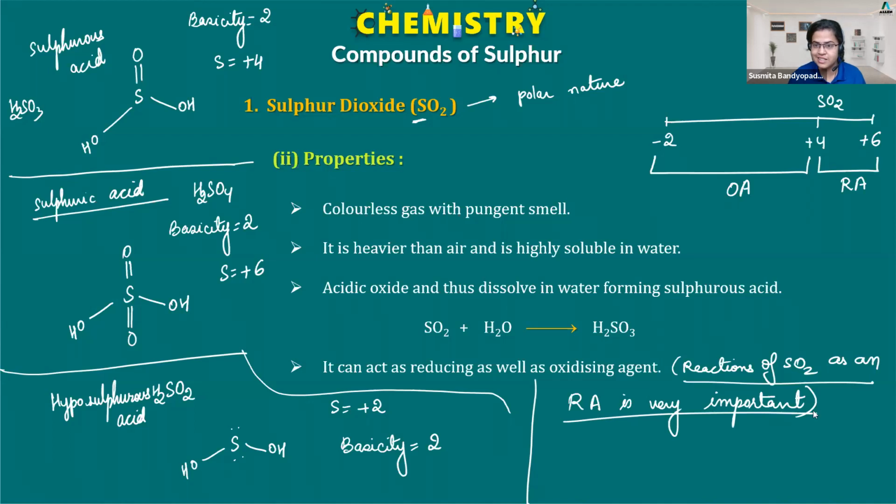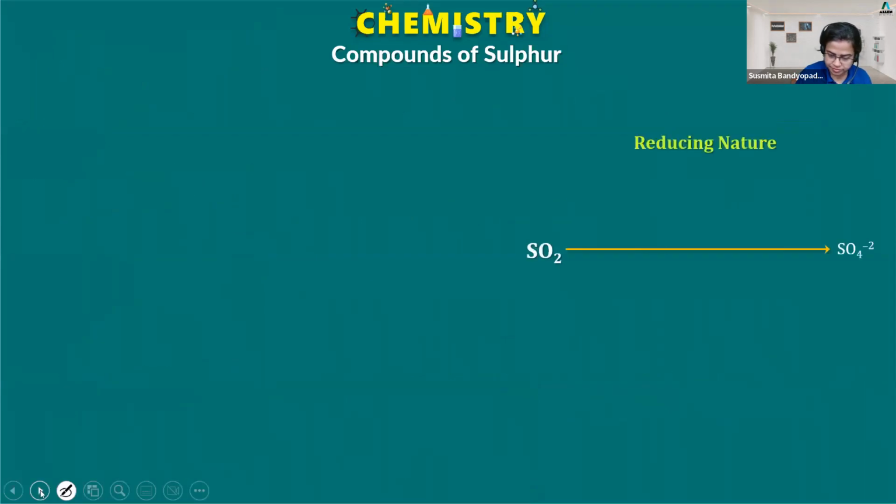Lots of reactions are there, important from the examination viewpoint also. Both are there. Don't misunderstand that she told only reducing nature. I said both, and it can act as both, and there will be a lot of reactions of both. We don't have time for a lot of other things. Focus is exam. So mostly questions come showing SO2's reducing nature.